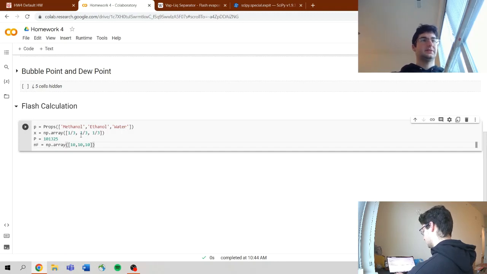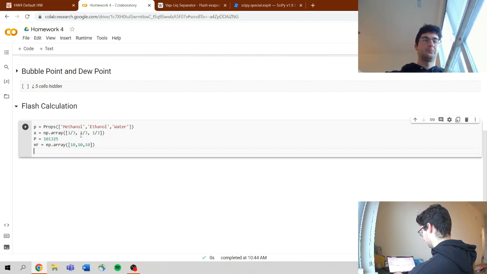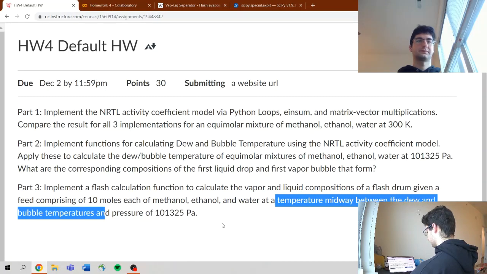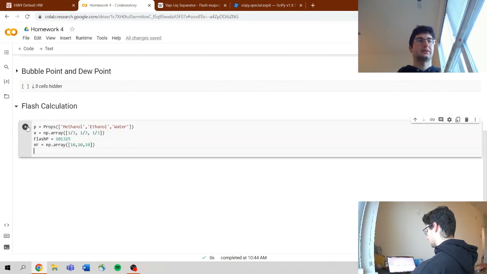There are our moles of feed coming in, 10 moles of each. Then let's change this to flash P so we can discriminate it going forwards. Then the next thing we need was the temperature midway between the dew and bubble temperatures.